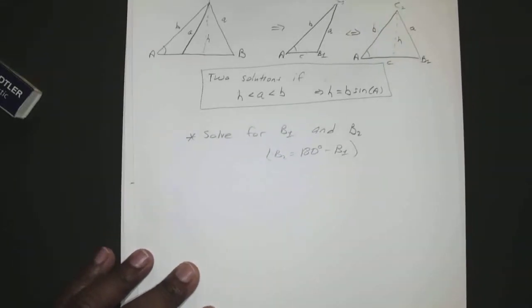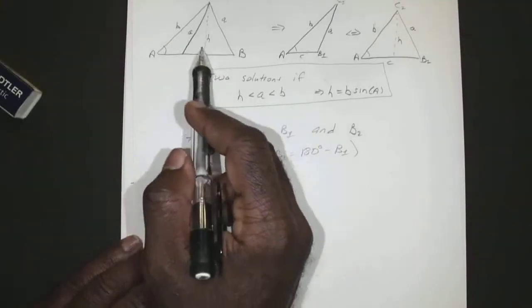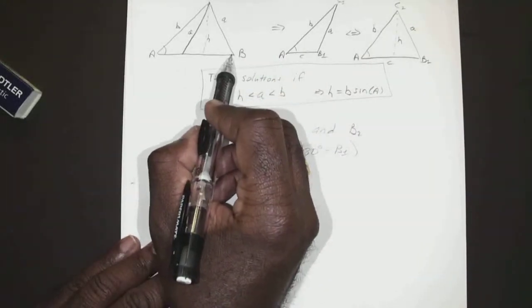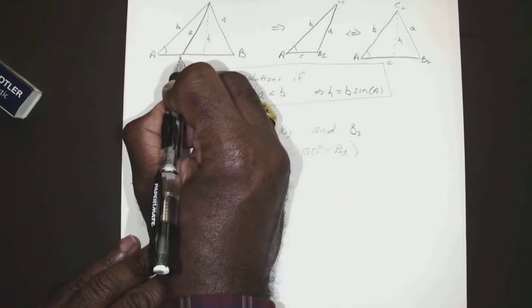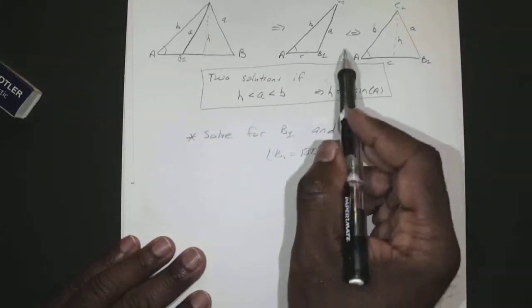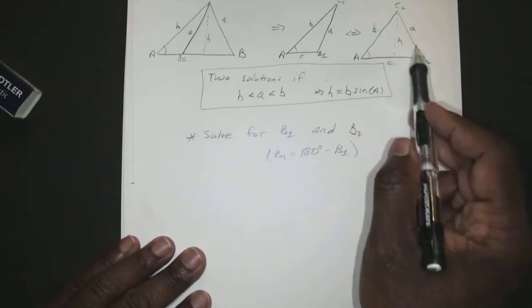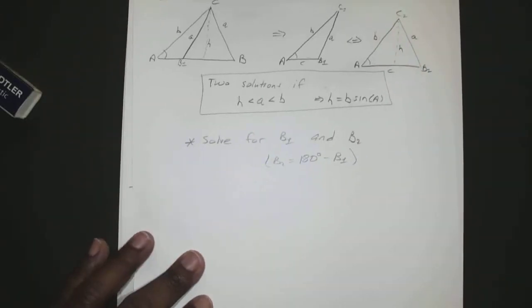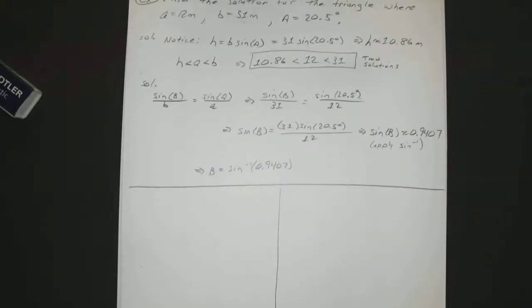That's why I stopped at solving for B. Because here, if you notice, if this is your B1, if your A is moved over here, and if your B2, if your A is moved over there. So this is only for your two solutions.